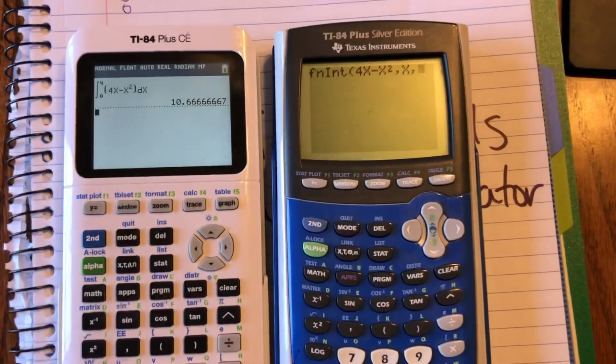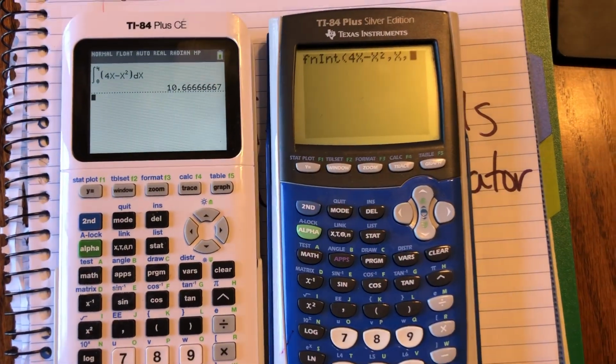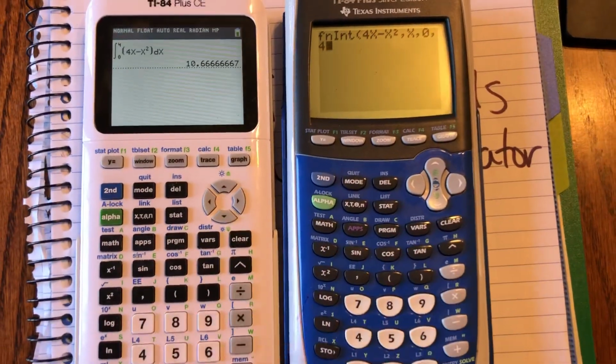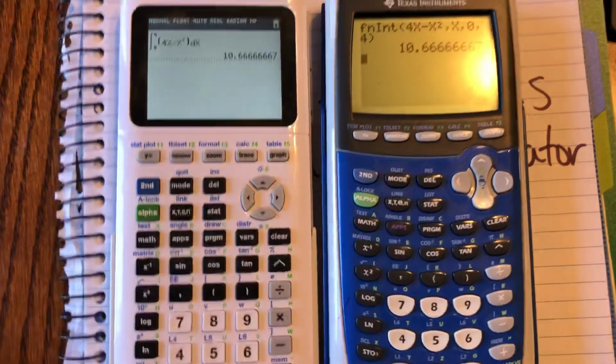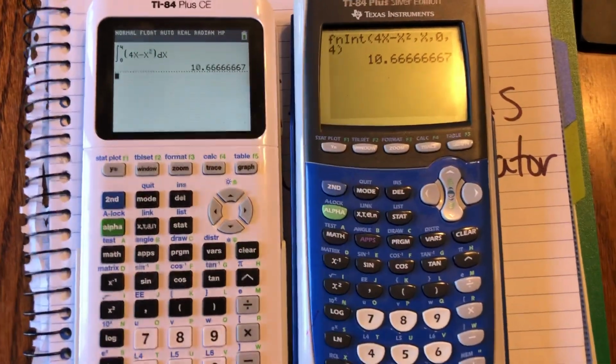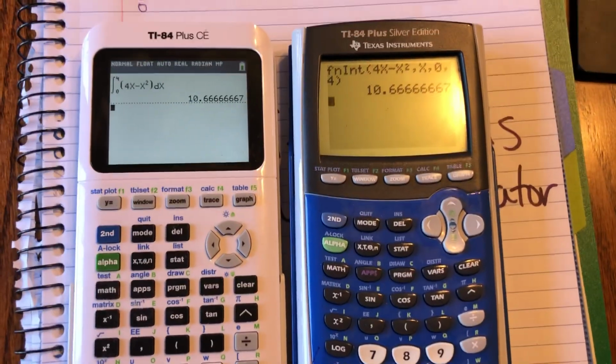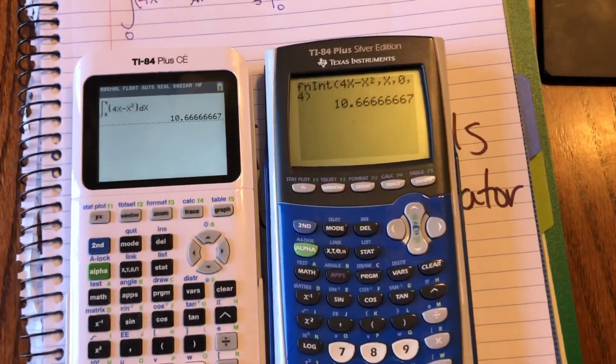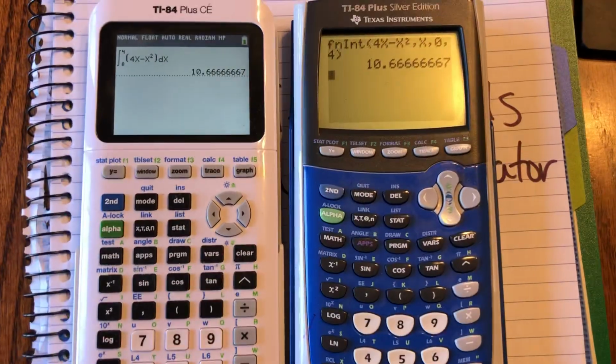And then comma bottom limit of integration, comma top limit of integration. So comma 0, comma 4 in this case. Enter. You get the same answer, just a little bit more work maybe. So it's always function, comma x, comma bottom limit, comma top limit of integration.